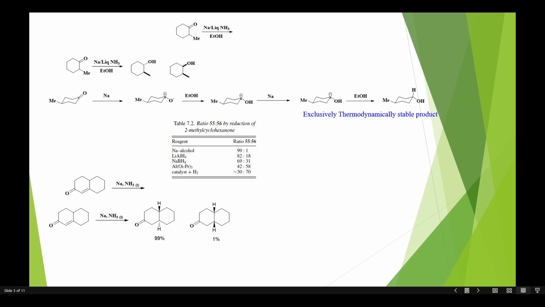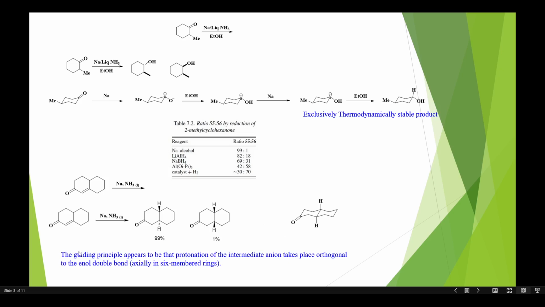This is because of how the proton transfer happens. In this case the proton transfer is orthogonal, at 90 degrees to the carbonyl enolizable group.